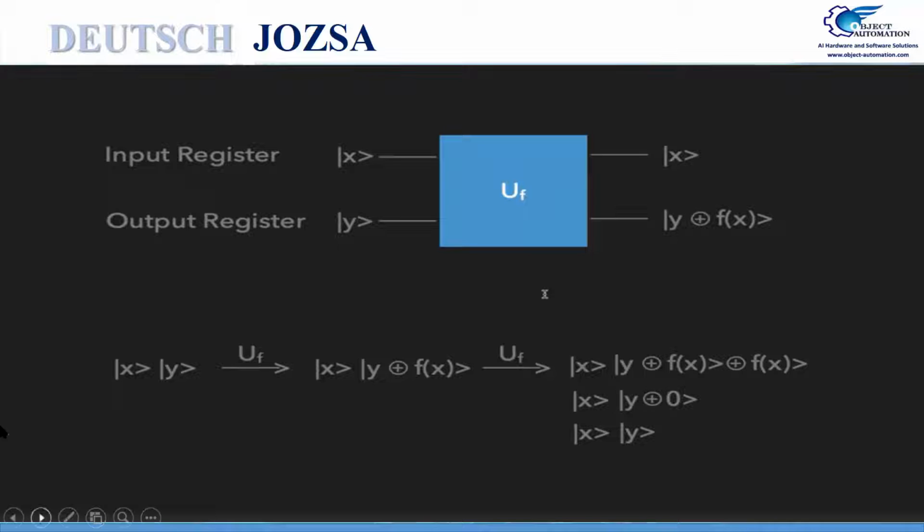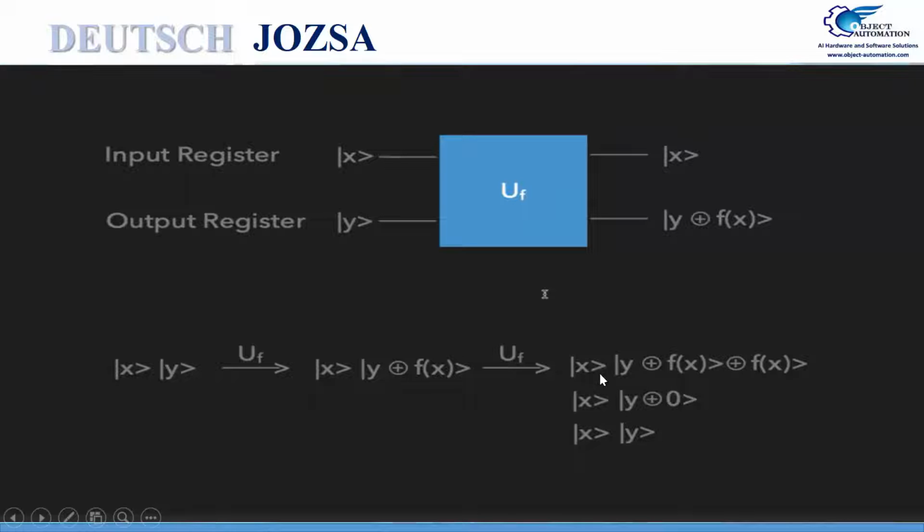Correct? So we have ket x and ket y, and we apply the function on top of that. We get ket x, and y got replaced with y XOR f(x). Now again, we apply the same function on top of that.